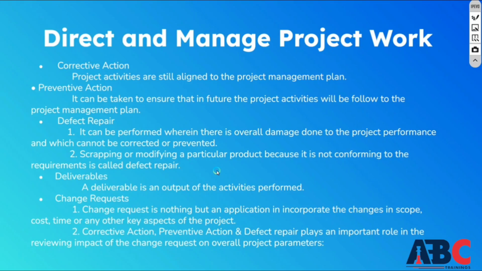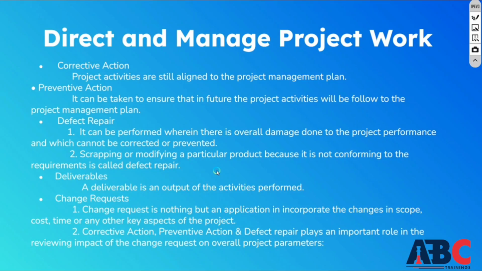Second is preventive action. As we saw in risk management, if there are any problems in the project management plan or if it is not aligned with your work, then you have to ensure that the activities are properly followed. So first take action on it, or if you feel that you may take more time in the next project or task, then start it early, so that you don't delay the project, or you have to add workers or resources to it.